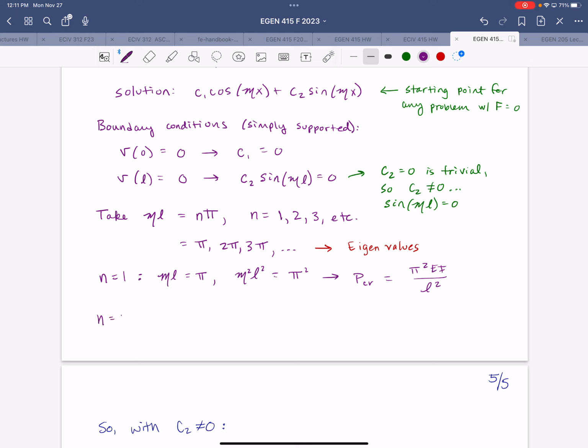When n equals 2, ml is 2 pi. M squared L squared is 4 pi squared. And the critical buckling load is 4 pi squared times EI over L squared.